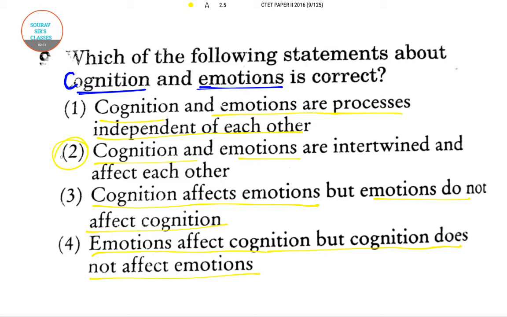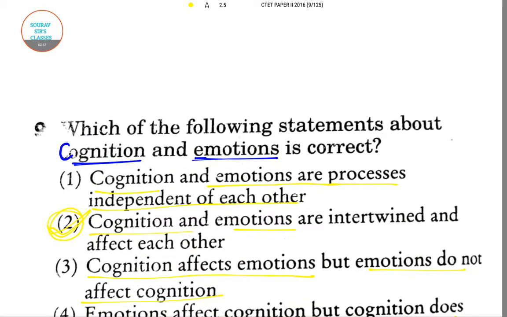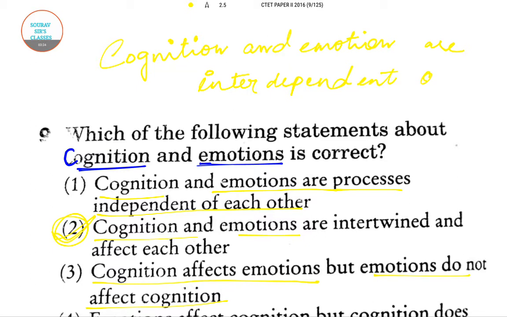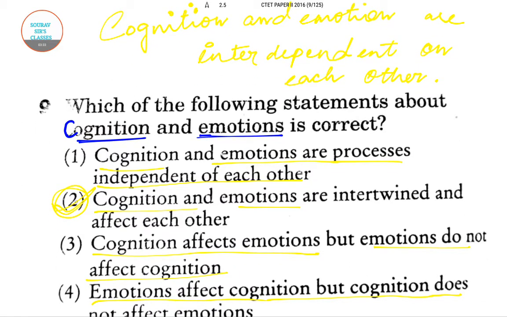So option 2, that is cognition and emotion are intertwined and affect each other, is the correct answer, because cognition and emotion are actually interdependent on each other. So here option 2 is the correct answer.